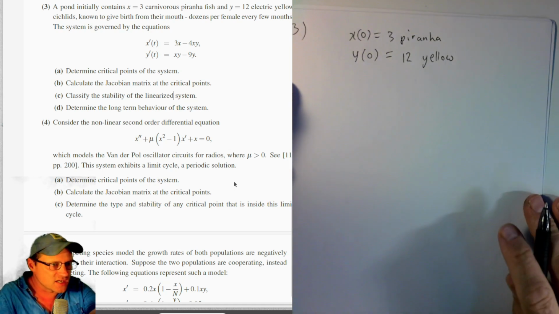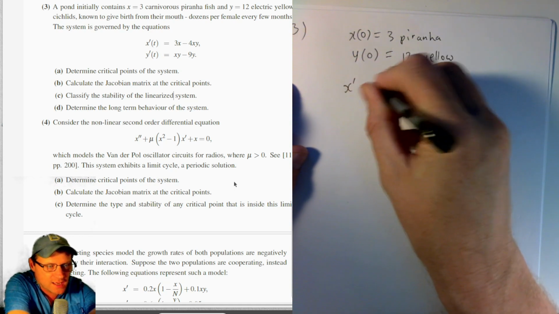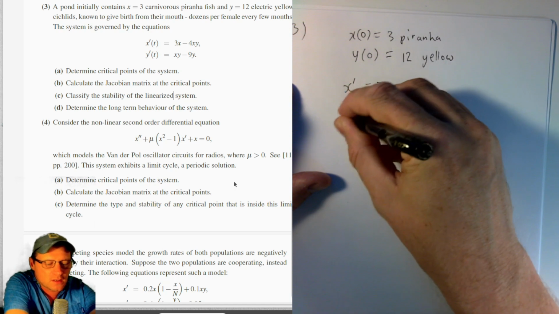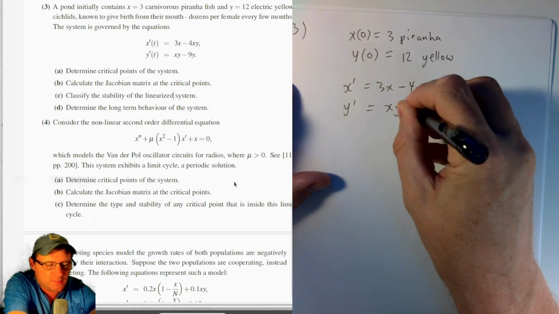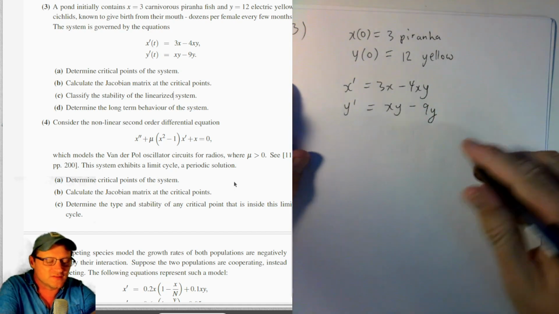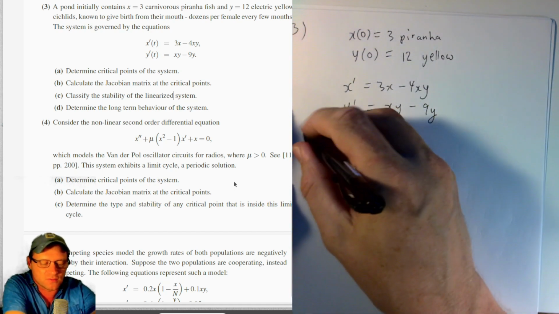Okay, so the system is governed by the system of equations x' is 3x - 4xy, and y' is xy - 9y. Determine critical points of the system. Well, these occur when x' is 0 and y' is 0.